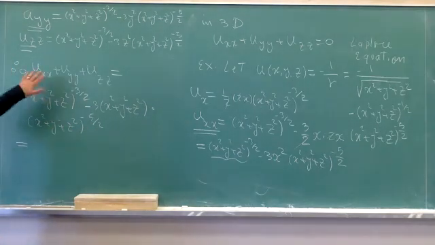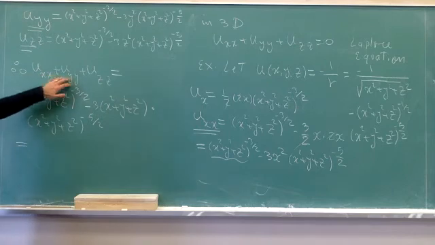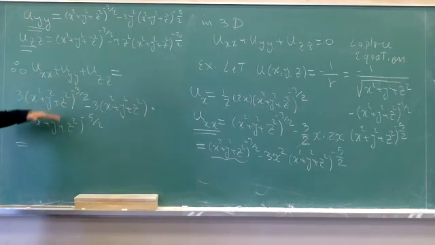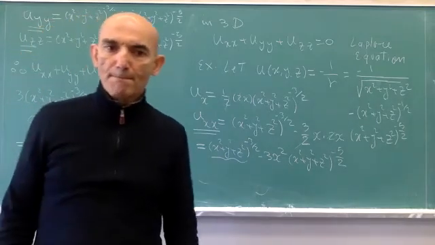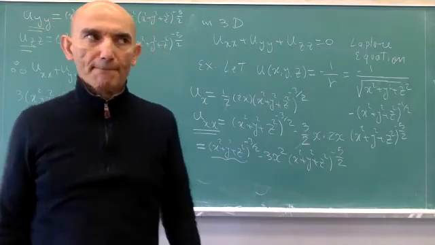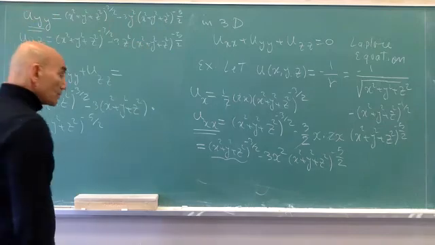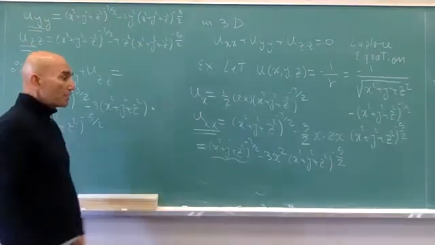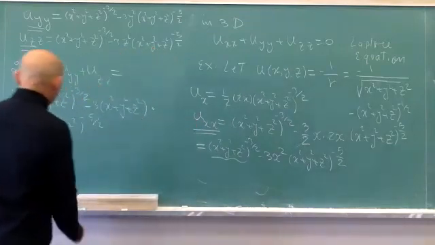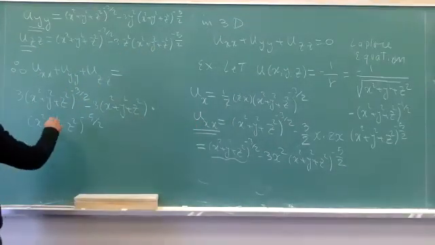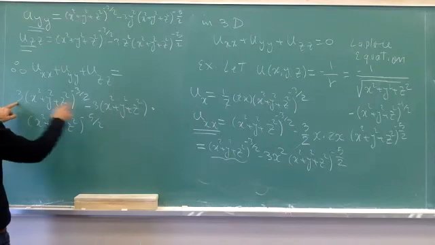Okay, so this is uxx, uyy, uzz added together, we get this. Now, can you tell me what is the result here? 0. It is absolutely correct, exactly, thank you. It's 0. Why? Because you see this term, there is 3 and 3 here.